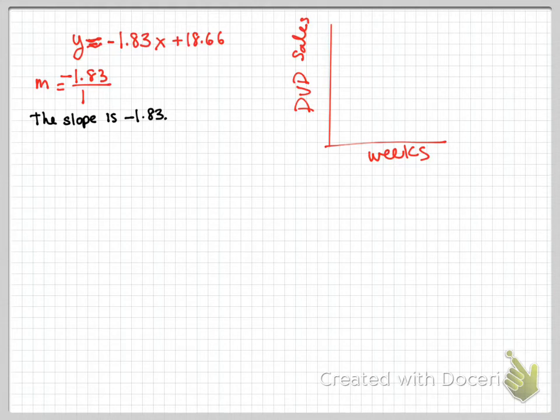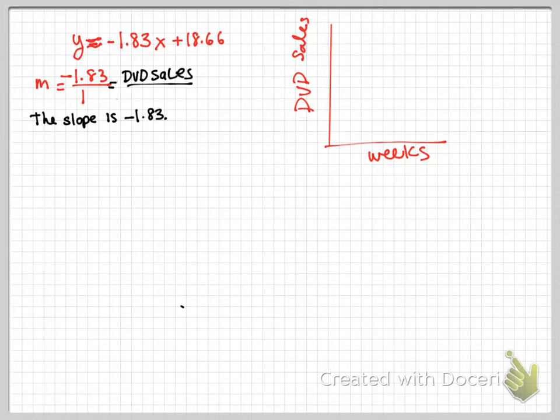We have to relate it to your change in your y over your change in your x. What does the y really represent? Guys, what does your y represent? Y is DVD sales. Over, what does the 1 represent?